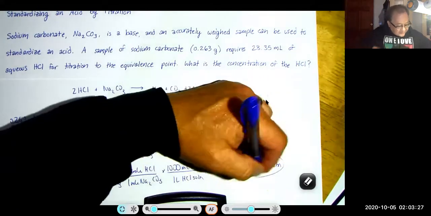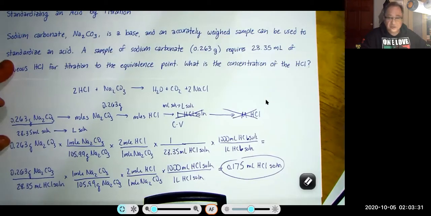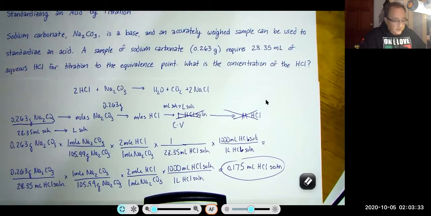So this is a standardized hydrochloric acid solution. We know its concentration. Now, honestly, we wouldn't be satisfied with one titration. We do this about 3 times and average it. Okay.